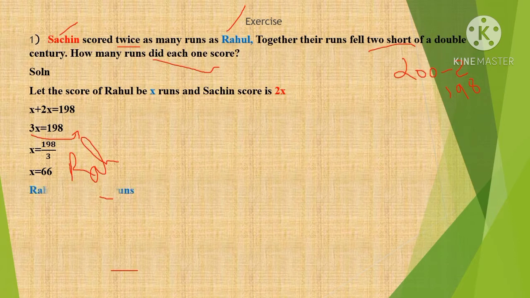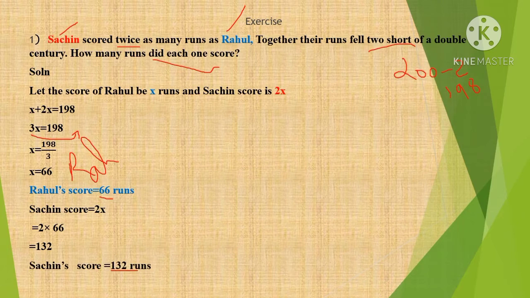What is Sachin's score? 2X. So in the place of X, you want to substitute the value of X. What is X? 66. So 2 into 66. Multiply it. You will be getting the answer 132. So what is Sachin's score? 132. What is Rahul's score? 66. Together they are getting 198.